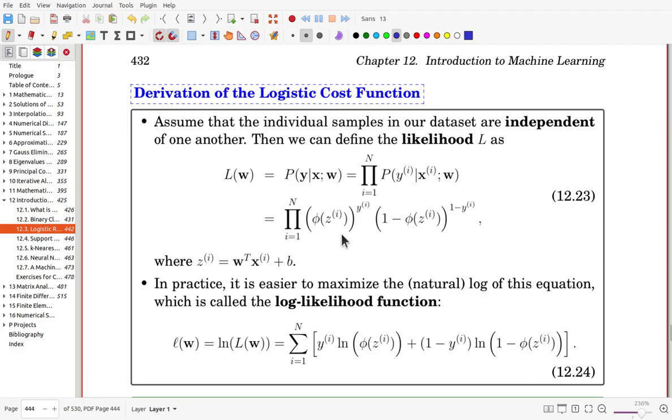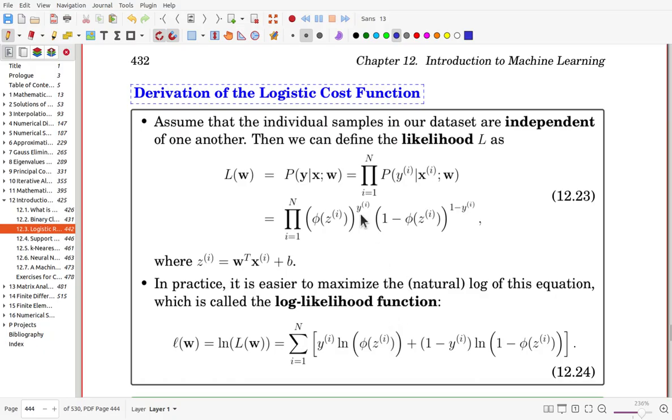However, once we try to deal with this, the powers and the quantities are small, so we may have some underflow in the computation. So rather than dealing with this function, we may consider the log likelihood.